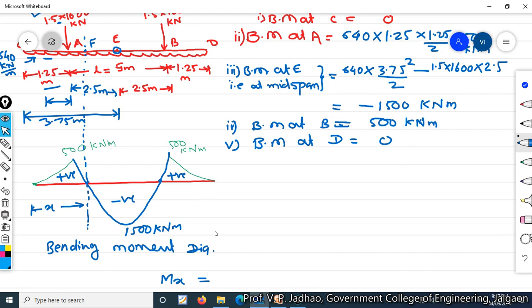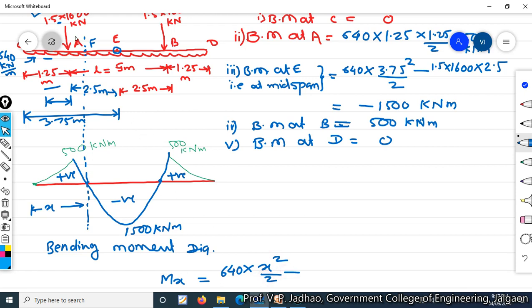So this will be equal to, due to 640 kilonewton per meter uniformly distributed load, the bending moment will be positive 640, and it is acting at a distance x. So x square divided by 2 minus, why minus?